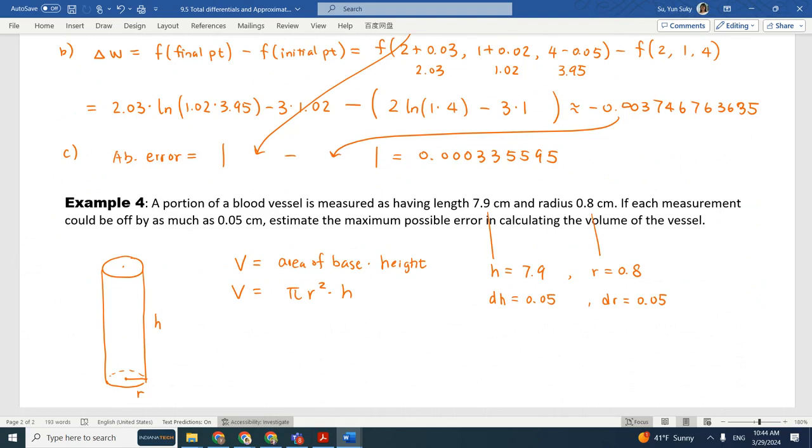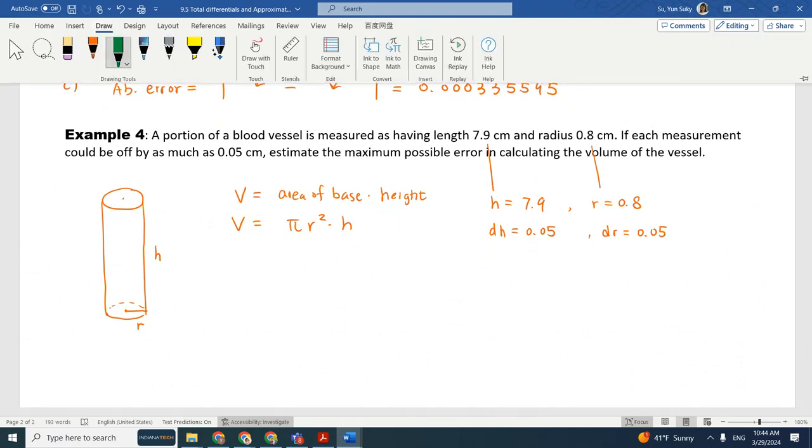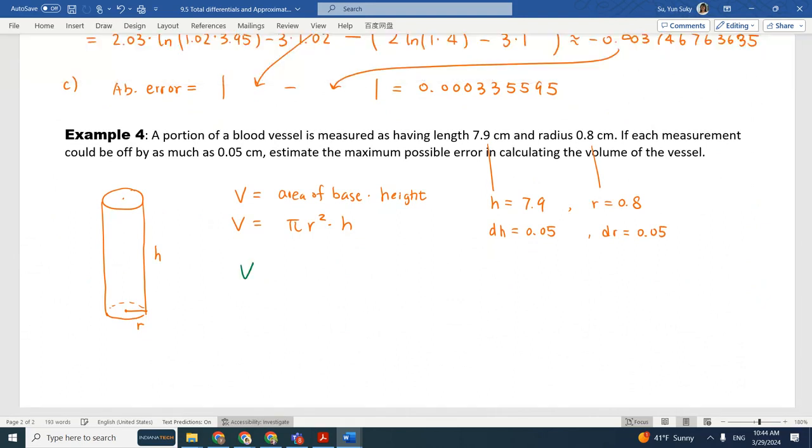All right, so let's do that. V is the function, right? We have two variables, r and h. What's the partial derivative with respect to r? Are you okay with this notation? There's a variable, meaning you have the function and the partial derivative with respect to r here. What's the derivative with respect to r?